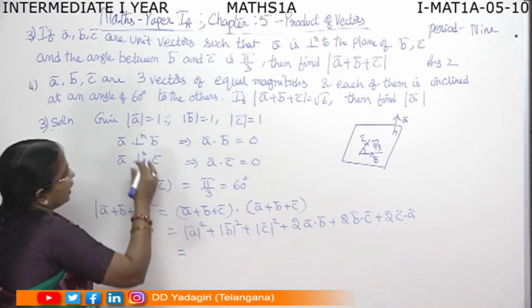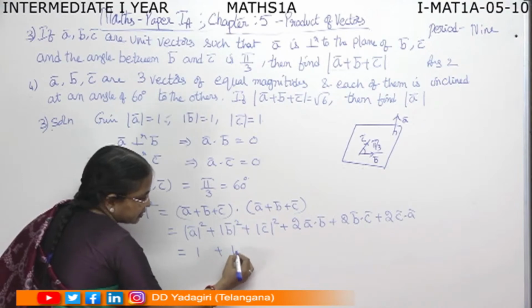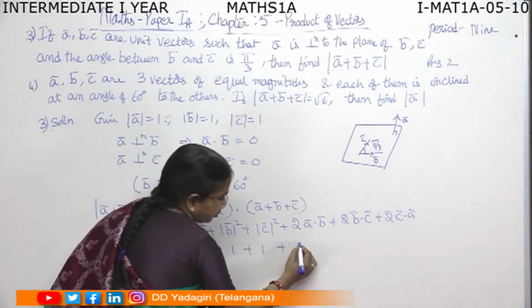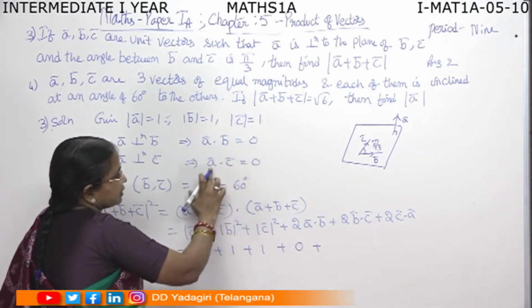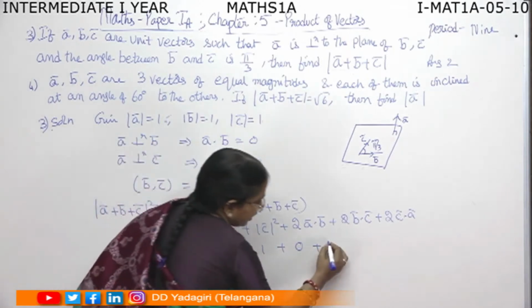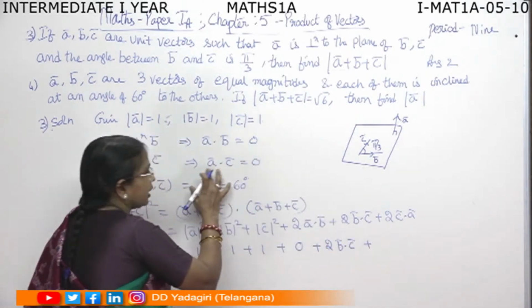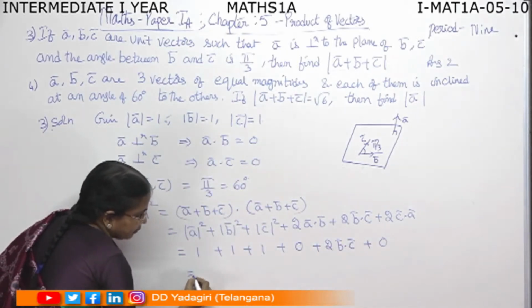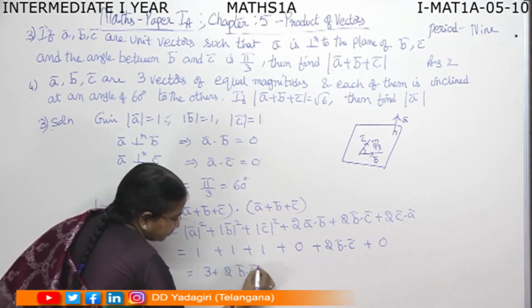Mod A is equal to 1, B and C also equal to 1, so 1 square plus 1 square plus 1 square plus 2 A dot B, which is 0. B dot C we don't know, so we'll write 2 into B dot C, plus 2 C dot A, or A dot C, which is 0. So this is 1 plus 1 plus 1, 3 plus 2 into B dot C.